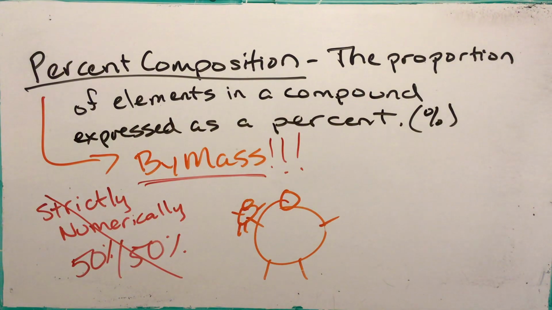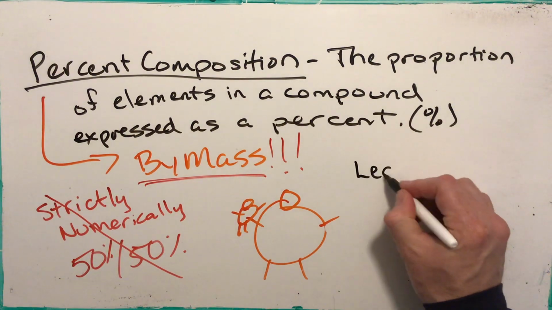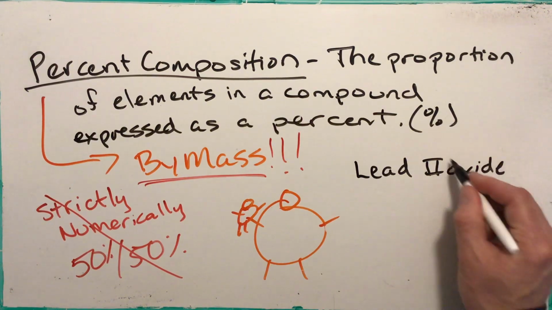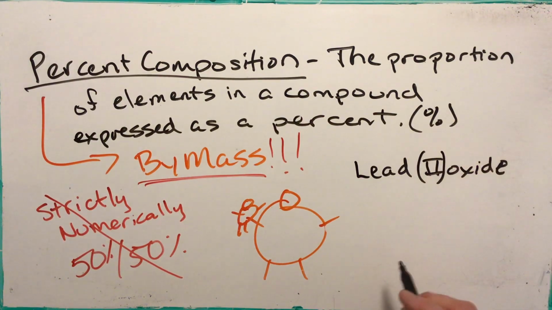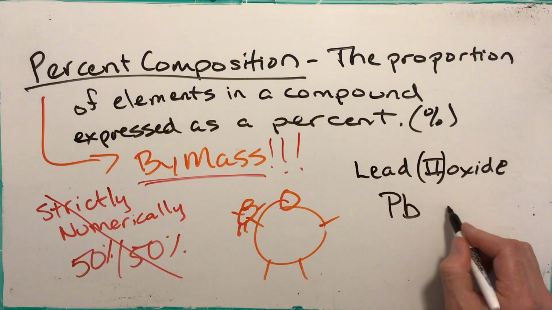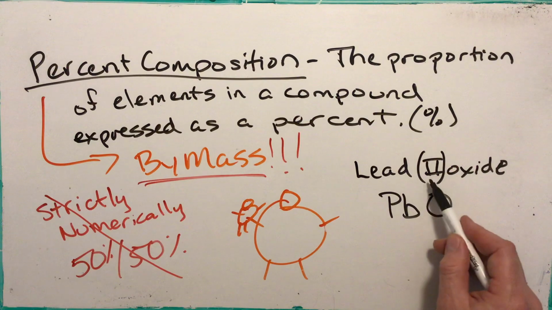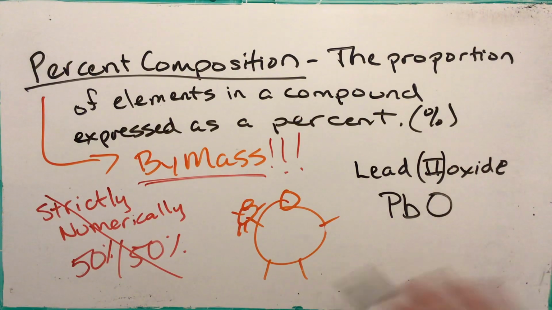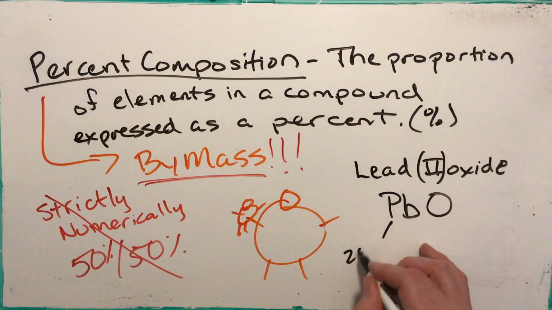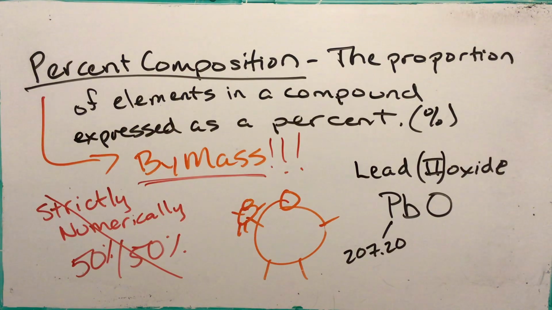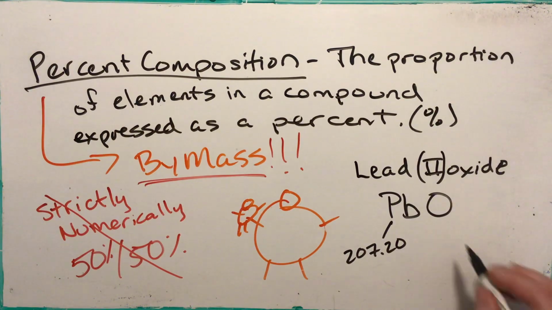A good example of that is lead(II) oxide, right? Lead(II) oxide is PbO. The lead is a 2+, oxygen's a 2-, they cancel out, so I get PbO. If I look at the individual masses of the elements, lead has an average atomic mass of 207.2.